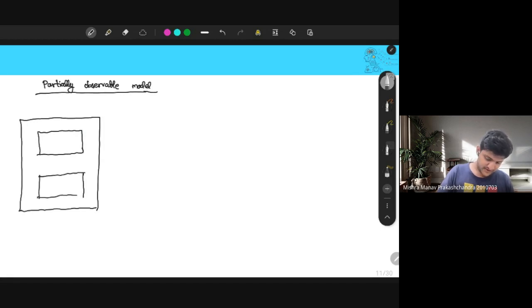The agent can move around in the figure eight structure, and let's say this is a grid world, okay. These are the different grids.